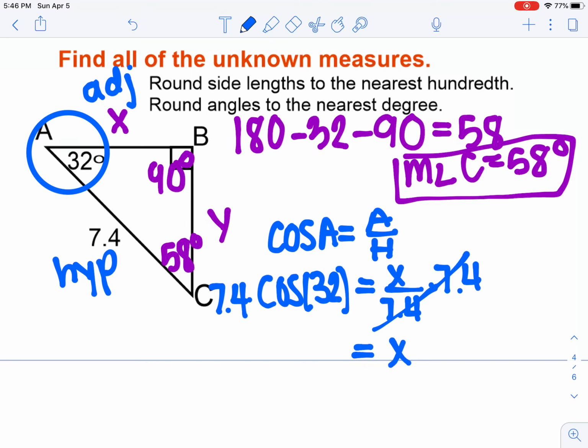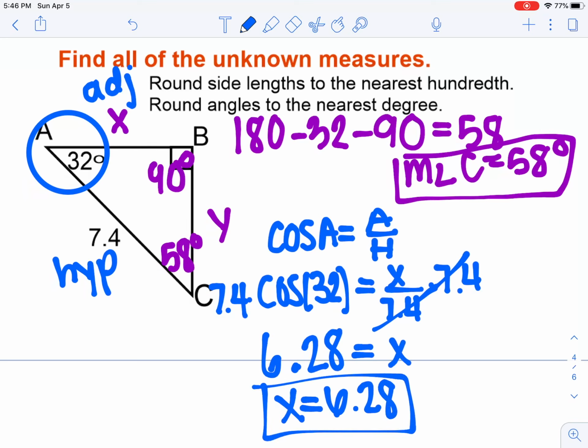So now we have X equals 7.4 times the cosine of 32, which is 6.28. So X, or AB, equals 6.28.